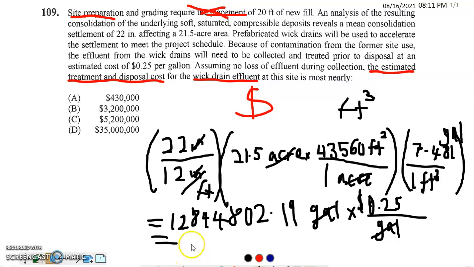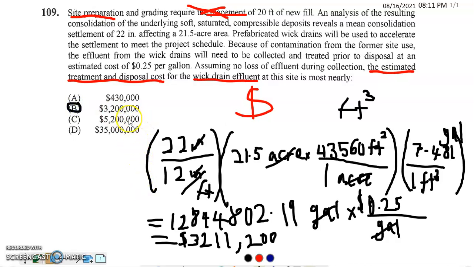It's too long to write. It's actually about $3,212,000. Hey, look, remember I told you that we round up, we round down? The closest answer in this case is B.